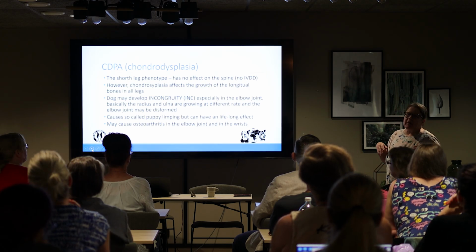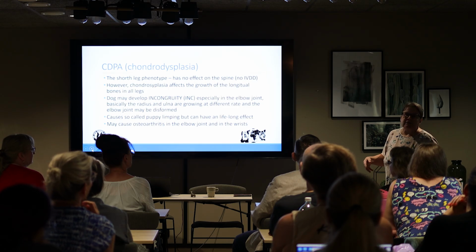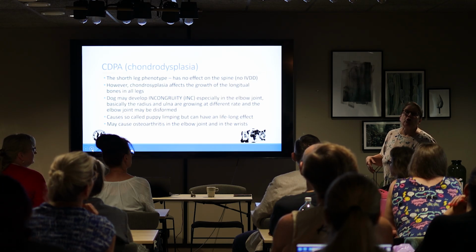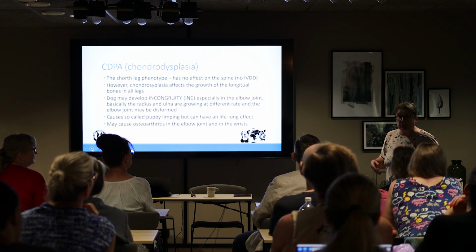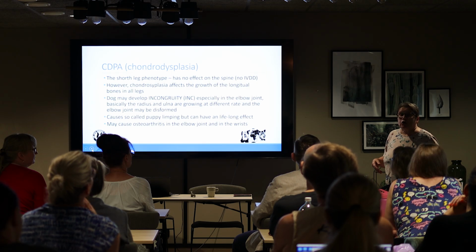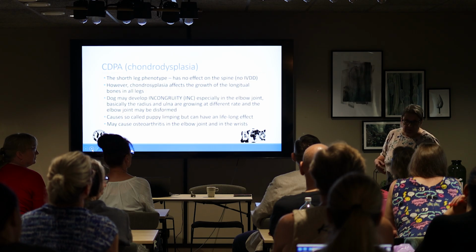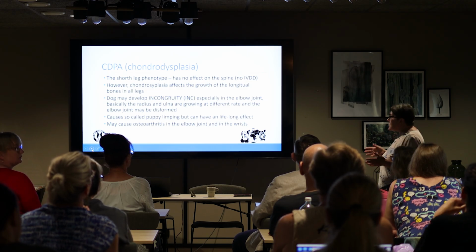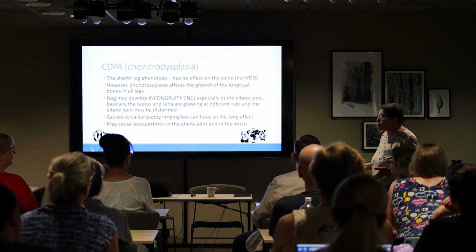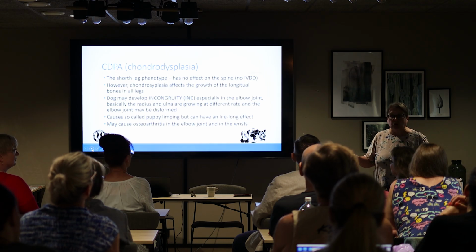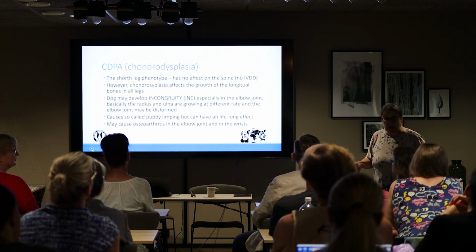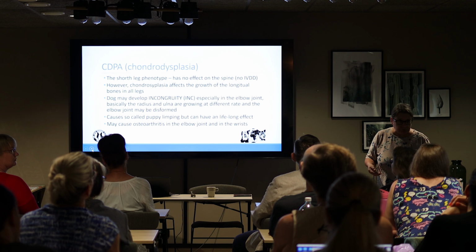So you should take into consideration that this is not just a short limping problem during the puppy's life. Puppies should not be limping. It's not normal for a puppy to limp. It's not normal for the puppy to go to the crate so that it cannot get exercise because of the limping.